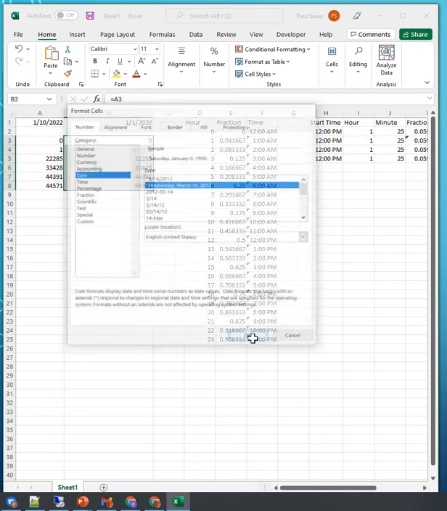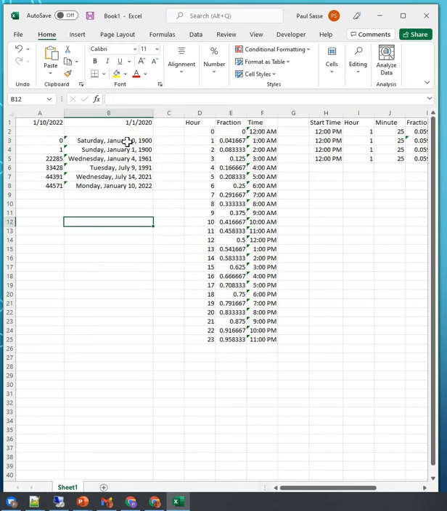Let's use this one. Okay, so 0 is January 0, 1900, which is a theoretical, didn't exist date. Number 1 is January 1st, 1900. So a date in Excel is just the number of days that have happened since January 0, 1900. This is today's date, and I just did INT(NOW()).